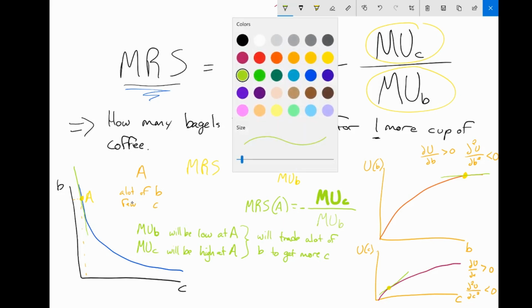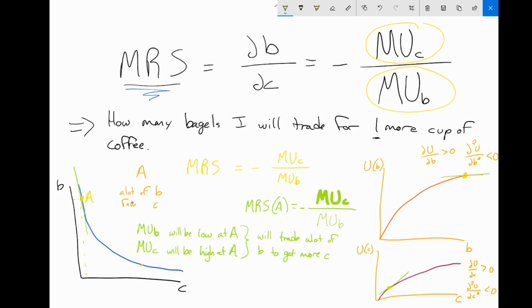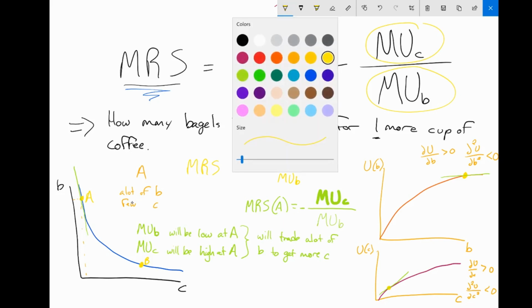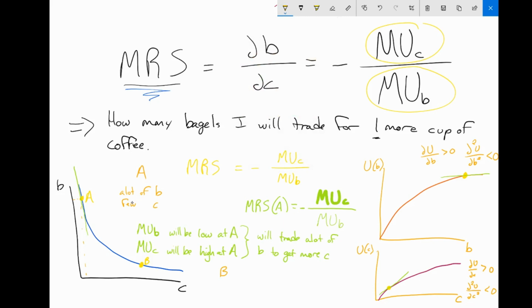All right, let's reverse the intuition. We'll do it quickly. What about at point B? Well, at point B, they have few of B here, and they have a lot of C, a lot of coffee, few bagels, a lot of coffee.